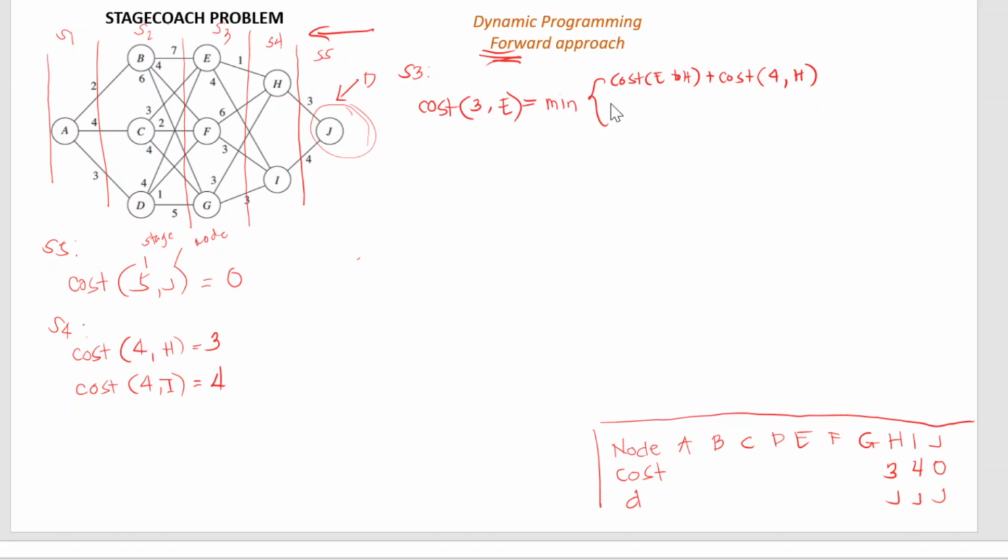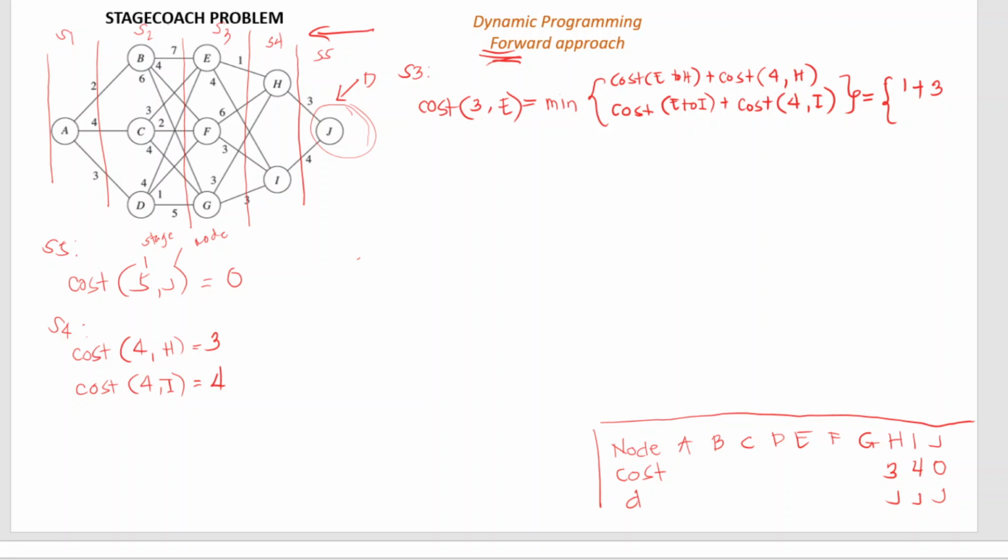Then you would have to consider, because I is also connected to E, let's take E to I plus cost of 4I. So that would be equal to: cost of E to H is 1. Okay? So cost of E to H is 1 plus cost of 4H, which is already down here, 3.